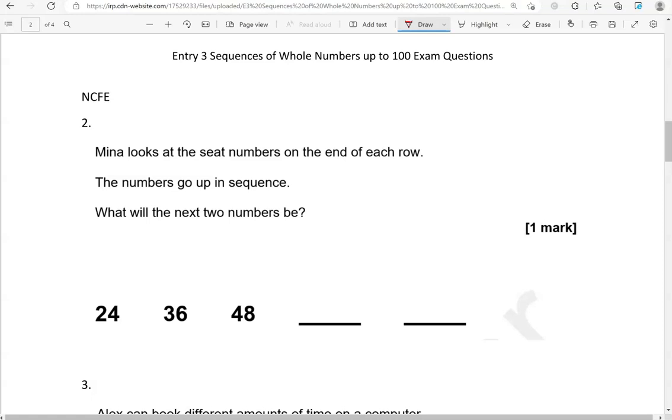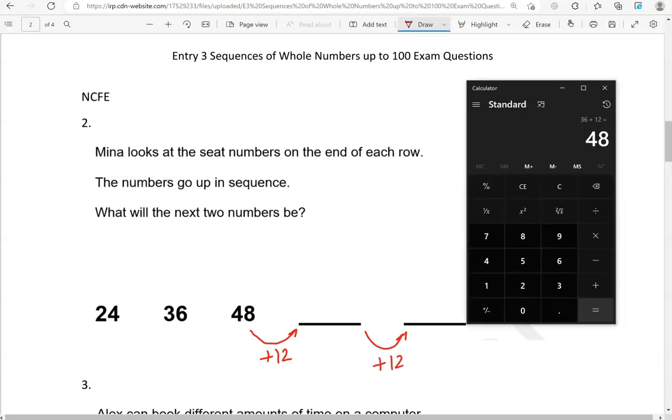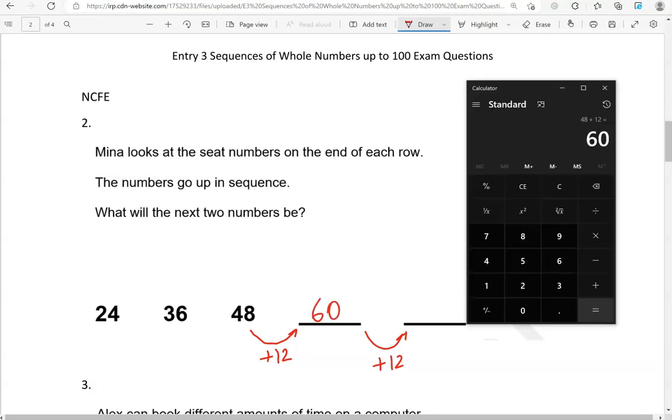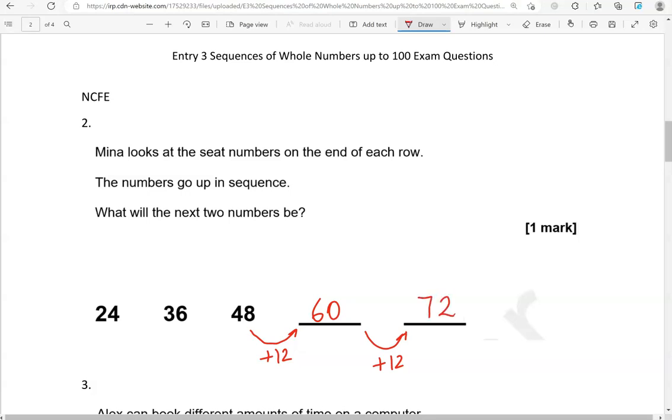So we add 12 each time. So 48 add 12 gives us 60. 60 add 12 gives us 72.